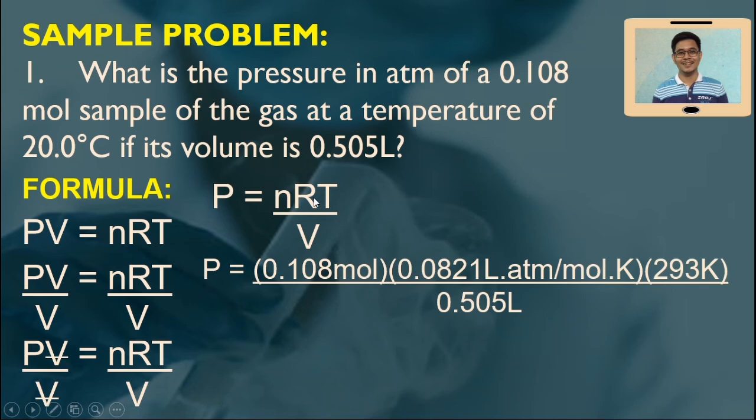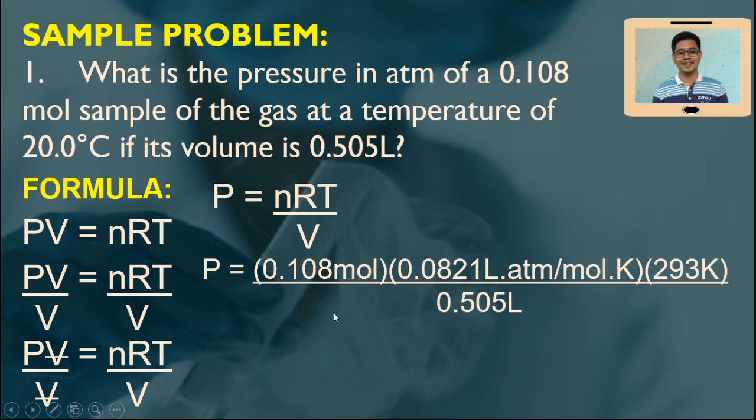Our ideal gas constant is 0.0821 liters atmosphere over mole per Kelvin multiplied by our temperature, which is 293 Kelvin over 0.505 liters.